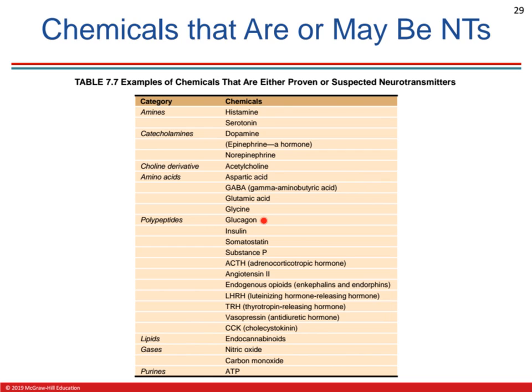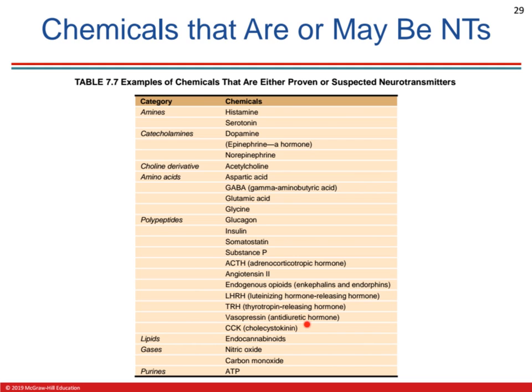Glucagon is a hormone involved in controlling glucose levels in the blood. We've talked about it in the past. Insulin's another one. I just mentioned substance P that's involved in pain, and so forth.